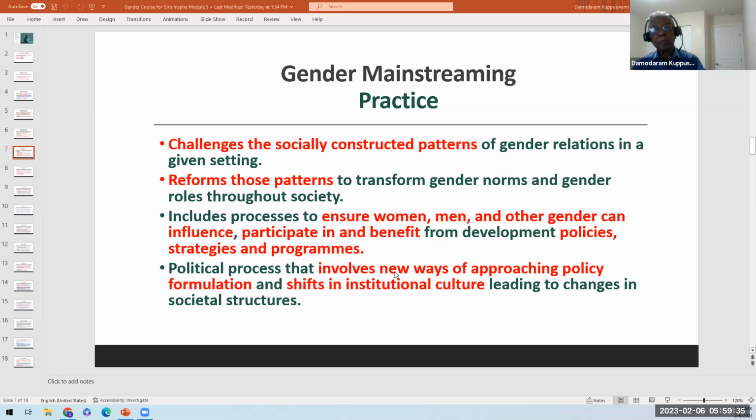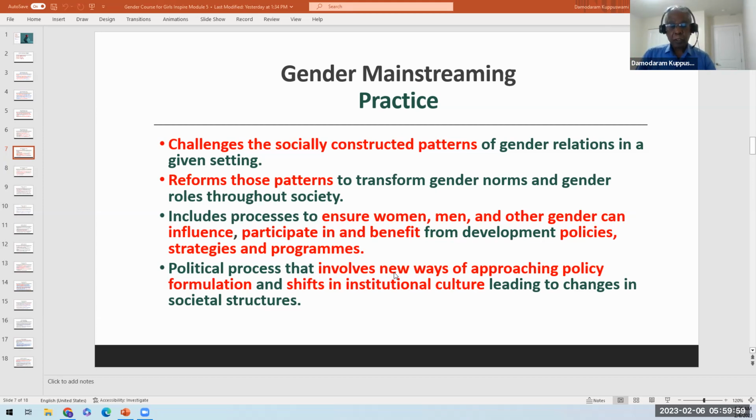And we need to look at gender analysis, because how do you really understand the existing patterns? By conducting a gender analysis. So all strategies, whether it is gender mainstreaming, gender advocacy, or budgeting, involve how we analyze the gender inequality that exists in the context.